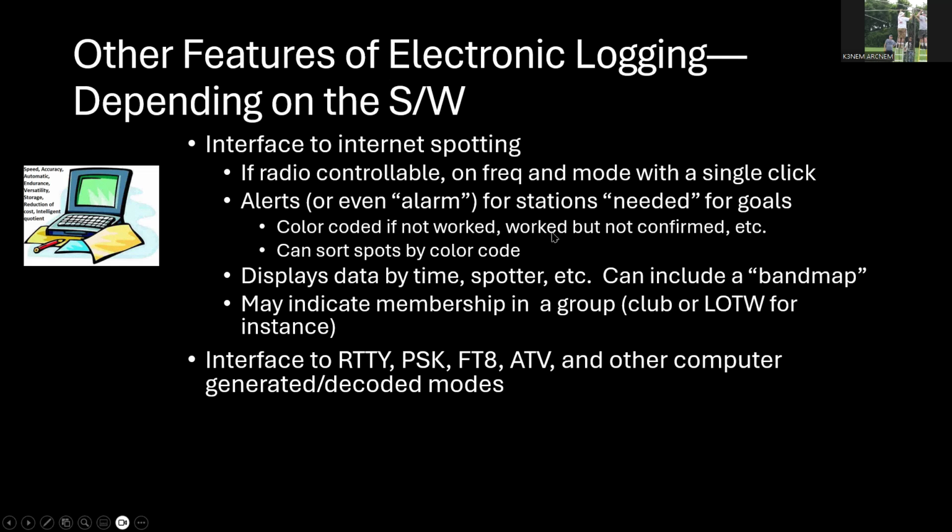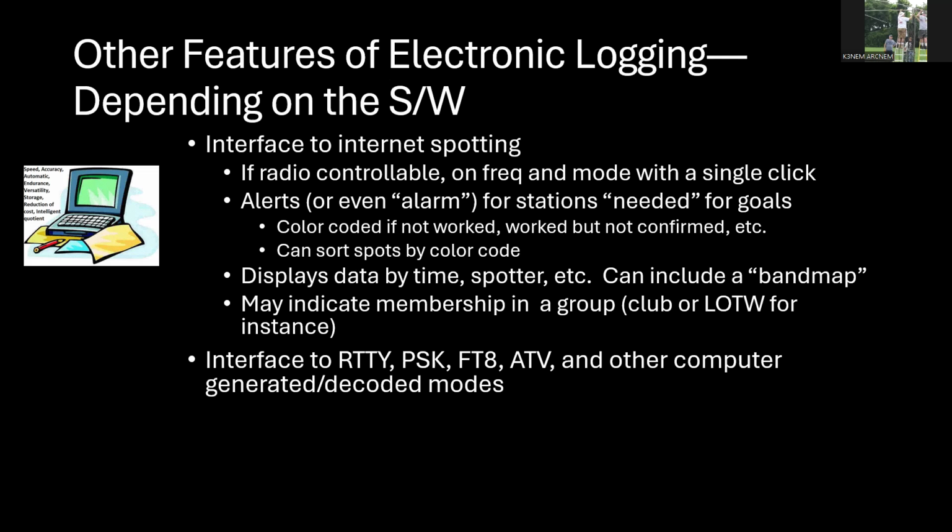However you want to set it up, you can have no alarms, but you can pretty much define them the way you want. And then also the band map feature is available on everyday loggers, many of them, as well as with the contest loggers. And this is where you can show the frequency as a display, and at each frequency you can show what stations are being heard on the internet.